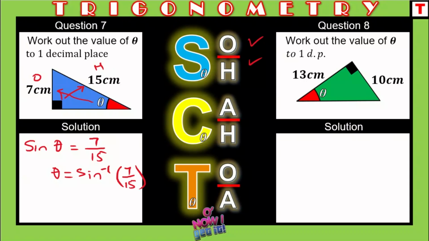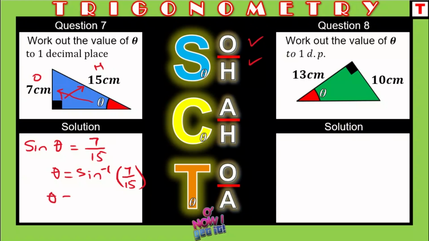So to get sine inverse on your calculator, you need to press Shift, then sine. If it was cos inverse, it would be Shift and then cos, and tan inverse would be Shift and then tan.